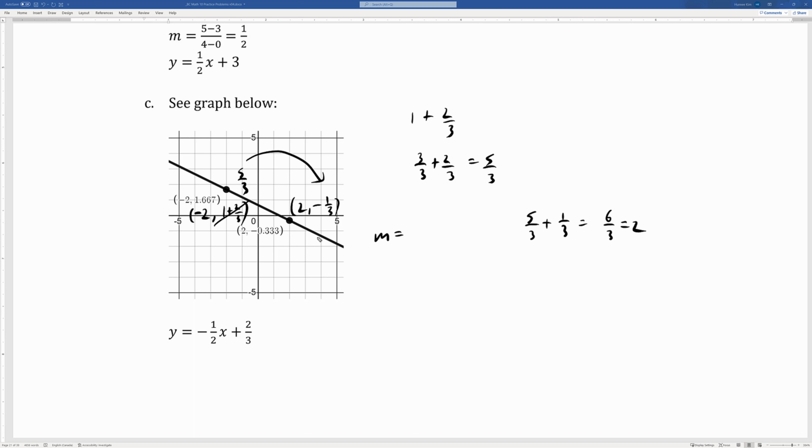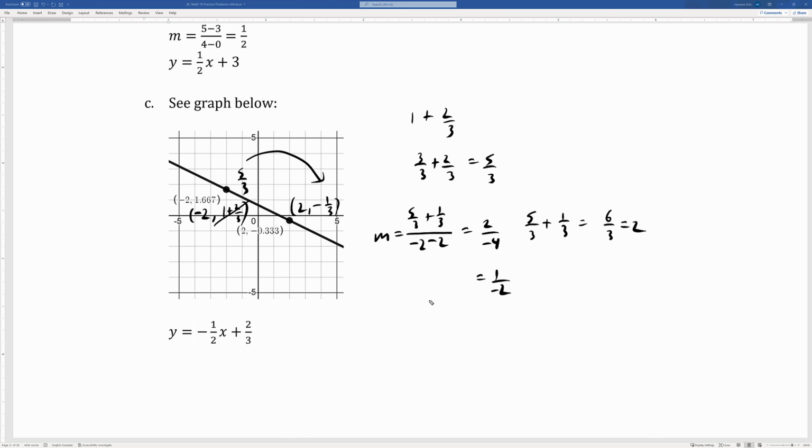What about the x values? So we have 5 over 3 plus 1 over 3 over the x values here, negative 2 subtract 2. So we have 2 over negative 4, which is 1 over negative 2. So the slope is negative 1/2.